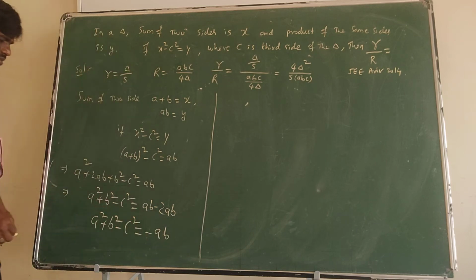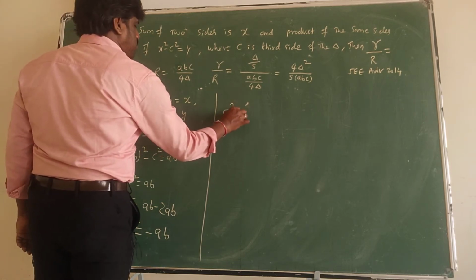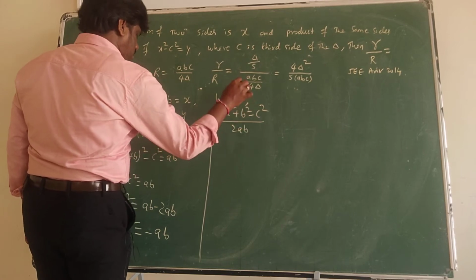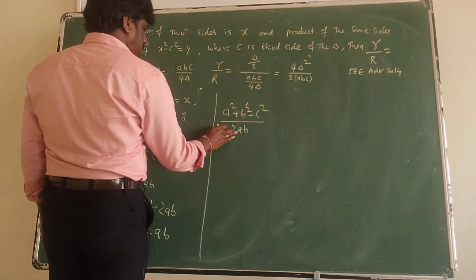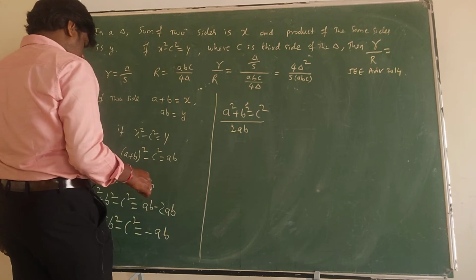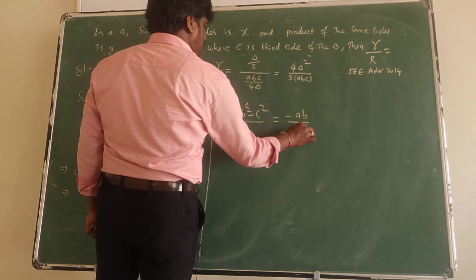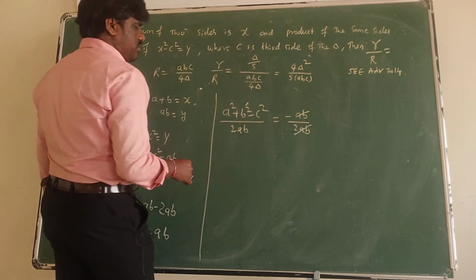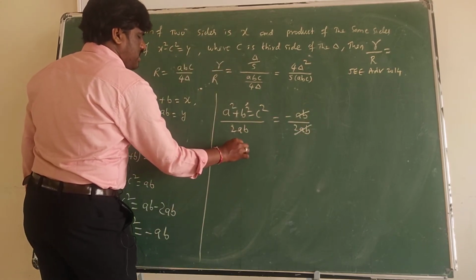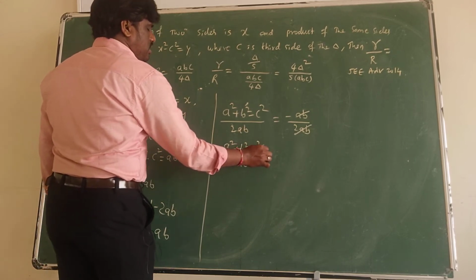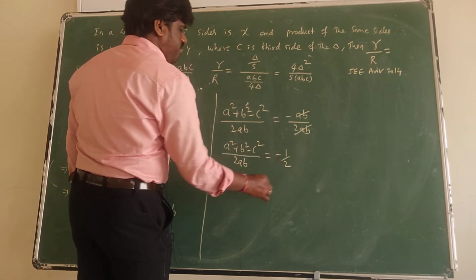To get this in the cos c form, divide by 2ab on both sides. So a squared plus b squared minus c squared upon 2ab is equal to minus ab by 2ab. The ab cancels out and I get minus half.